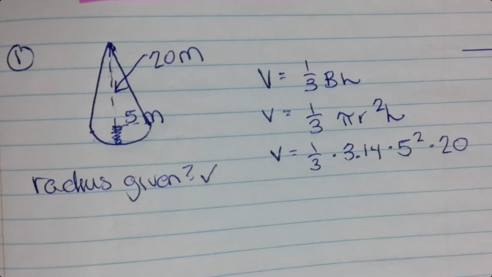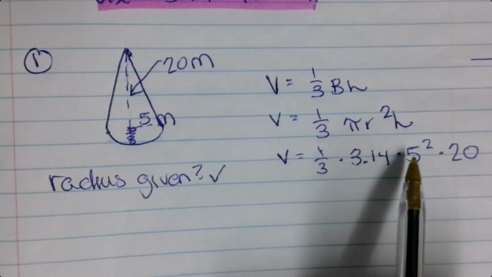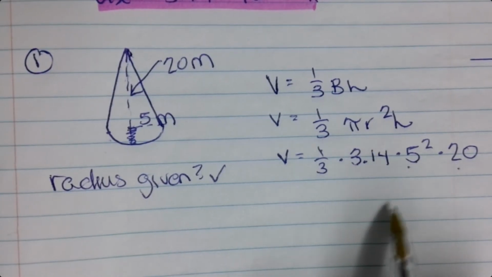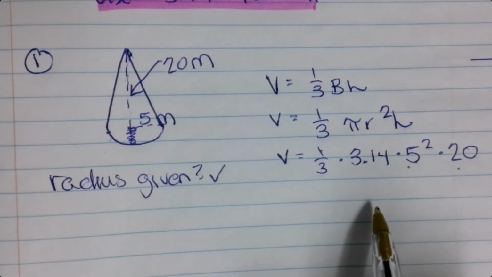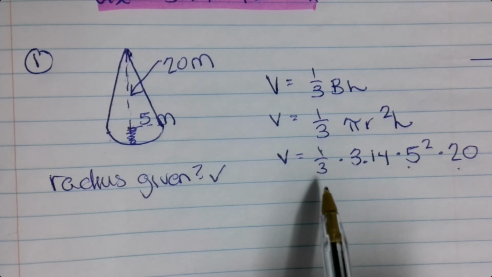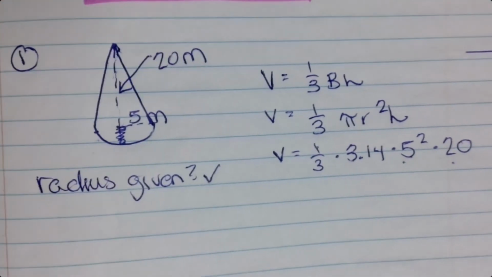You can think about this as 1 times 3.14 times 5 squared times 20 all over 3, which is probably the best way to do it. Or you can do 1 divided by 3 in your calculator first, get that answer, and then multiply across. I like to divide at the end, and think about it as 2 different things.